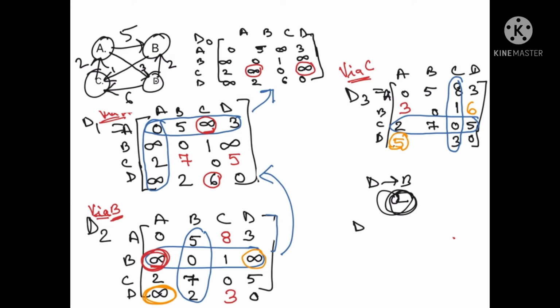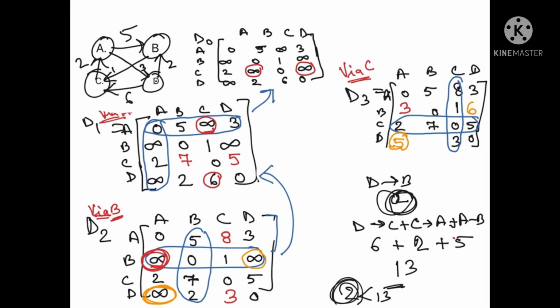So I will do this for you: D to C plus C to A plus A to B. So D to C is how much? 6 plus C to A is 2 plus A to B is 5. So this will become 6 plus 2, 8, 8 plus 5 is 13. So obviously 2 is less than 13, so 2 will be given the preference. So we'll write 2 here. I hope this much is clear to you.